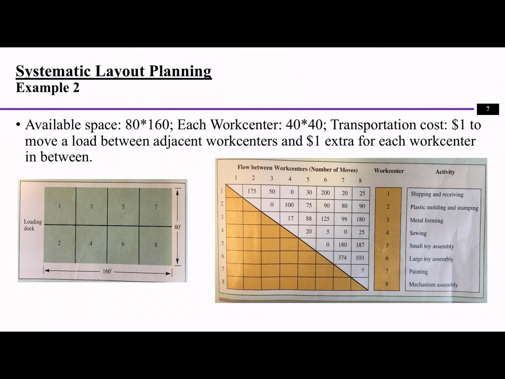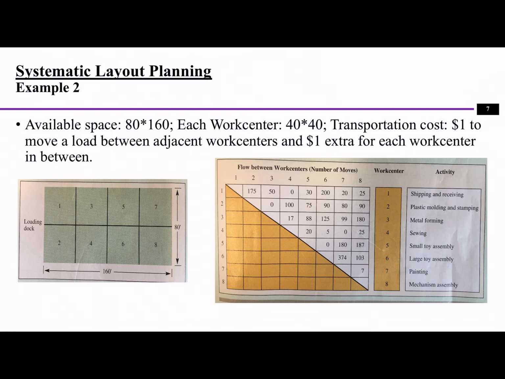And here we can see this is the chart of the matrix. And from 1 to 2, it shows the flow between the work centers. So flow between work centers means it's a number of moves per period, or it can be a day, or it can be an hour, or whatever time period. But this is the flow frequency, so number of moves.